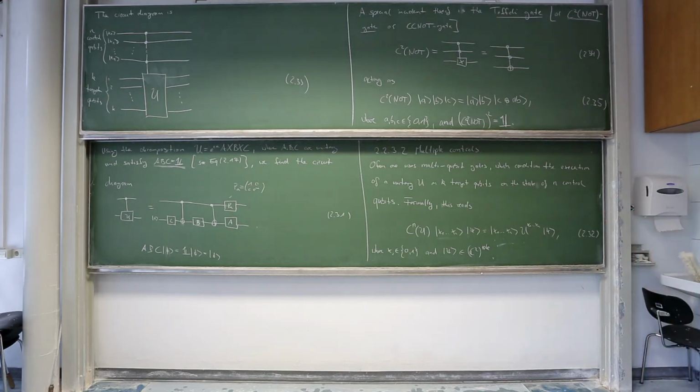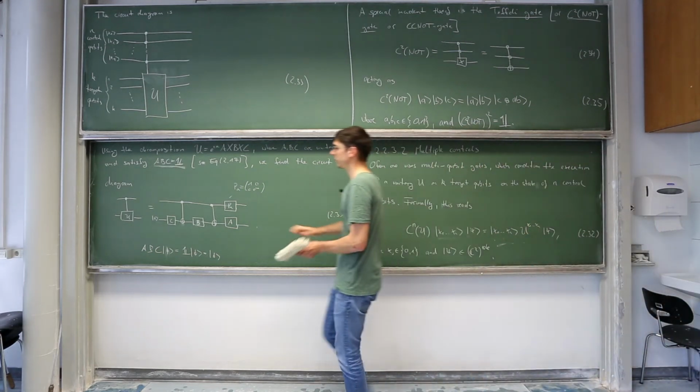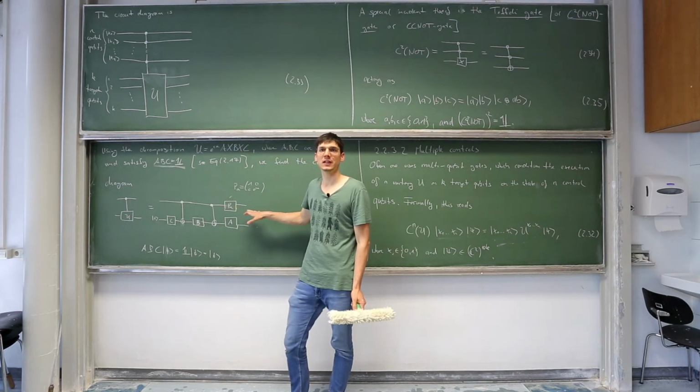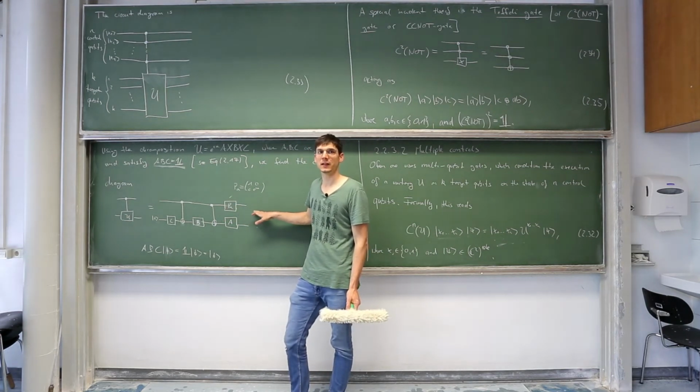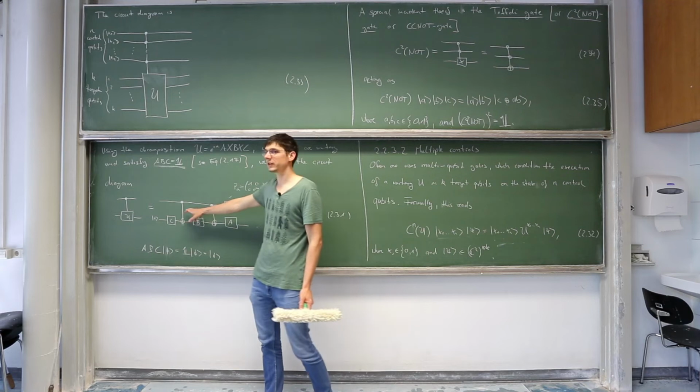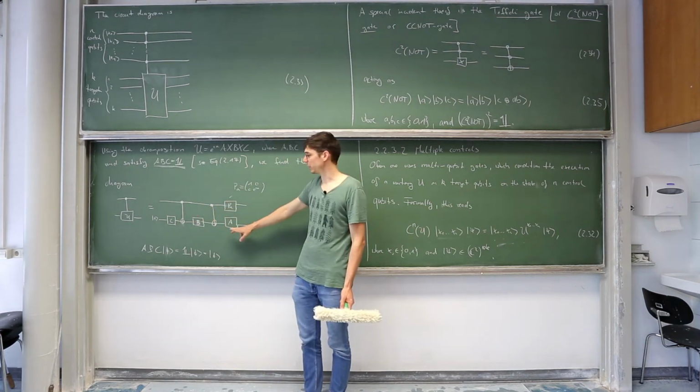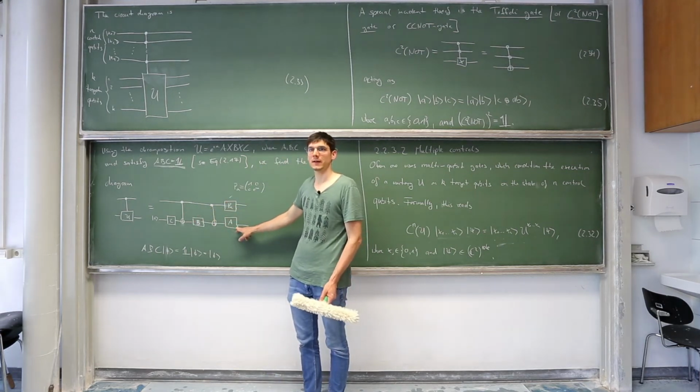Now, similar as before, we'd now like to find a decomposition of this Toffoli gate in terms of CNOT gates and single qubit gates. And after I erase this board, I'm just going to show you this decomposition.